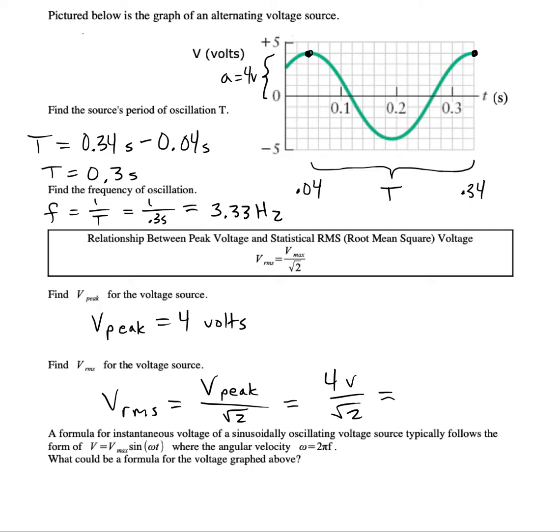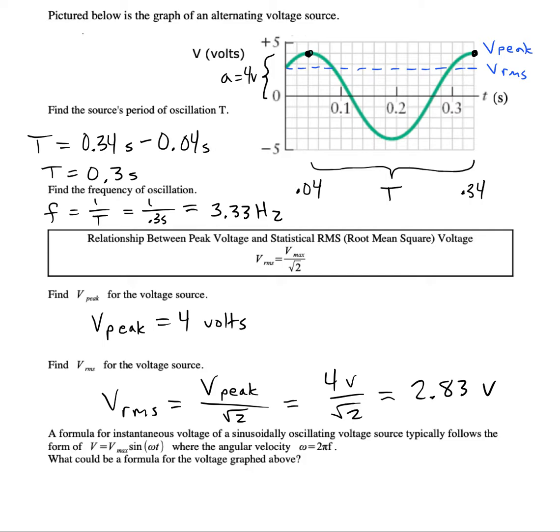Divide by the square root of 2. And we get approximately 2.83 volts. So if we were to plot that RMS voltage, it would be right around here. It's a nice visual way to show the difference between the peak voltage and that average RMS voltage.